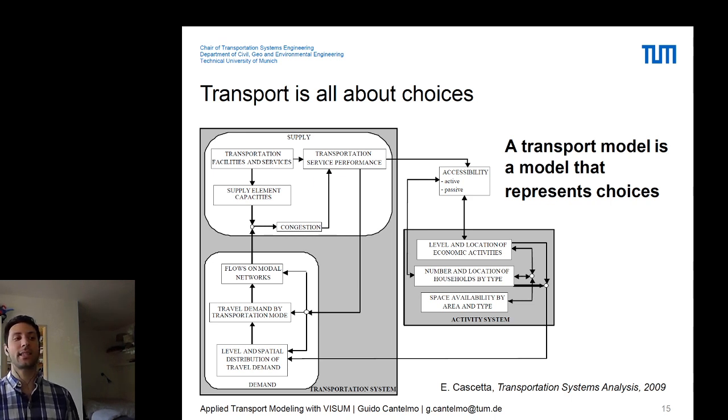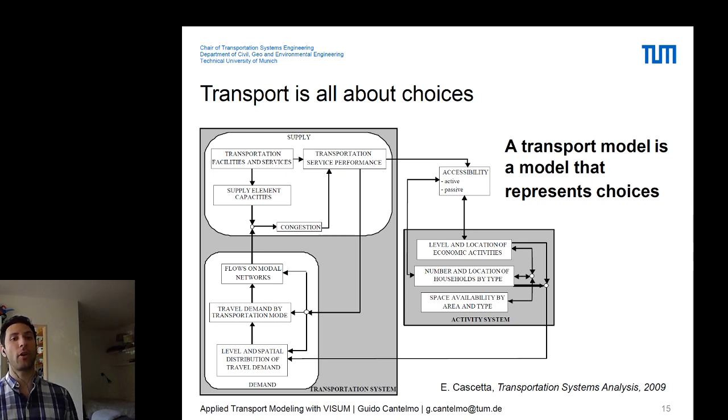So the activity system explains why we actually move. And this is actually one of the most complicated elements, because the way in which I'm making choices today is different from the way Moed is making choices. It's different from the way any of you is making choices. And as a concept, the overall demand on the system is a combination of all of our choices.